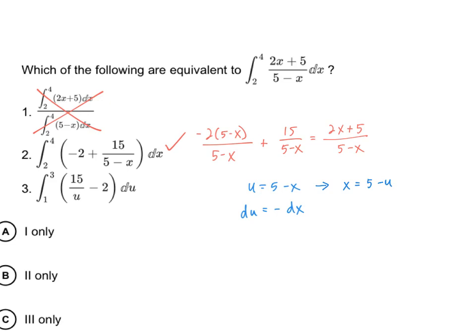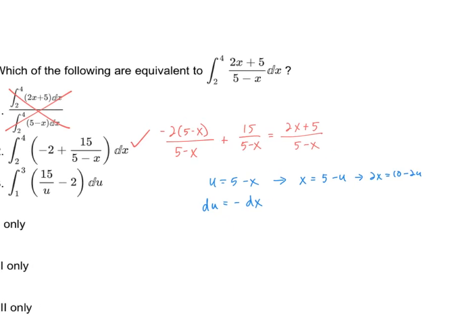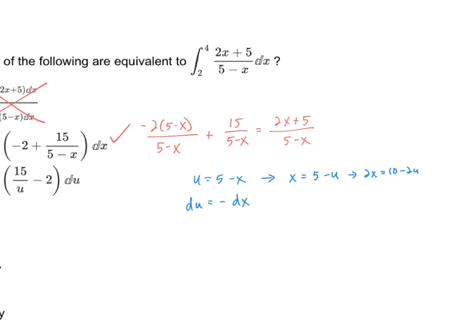Okay, times both sides by 2, you get 2x equals 10 minus 2u. And then add 5 to both sides. So now you get 2x plus 5 equals 15 minus 2u. And so now we got the kind of the 2x plus 5 that we need on the top.